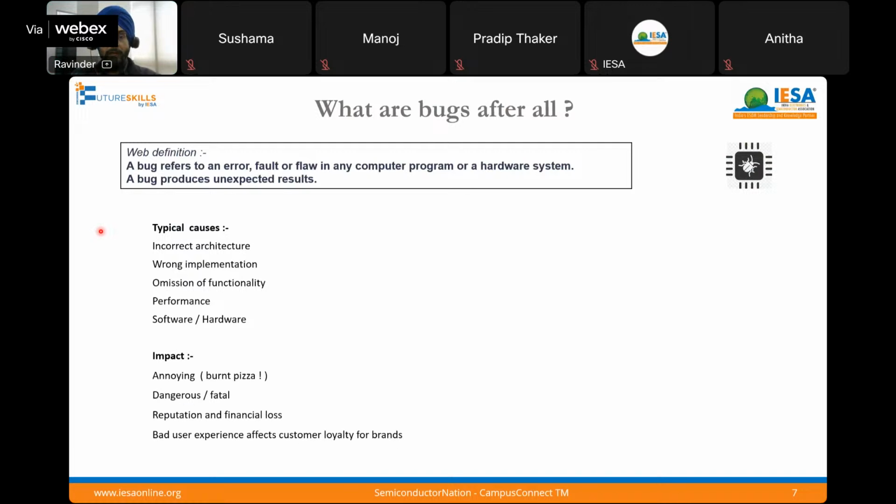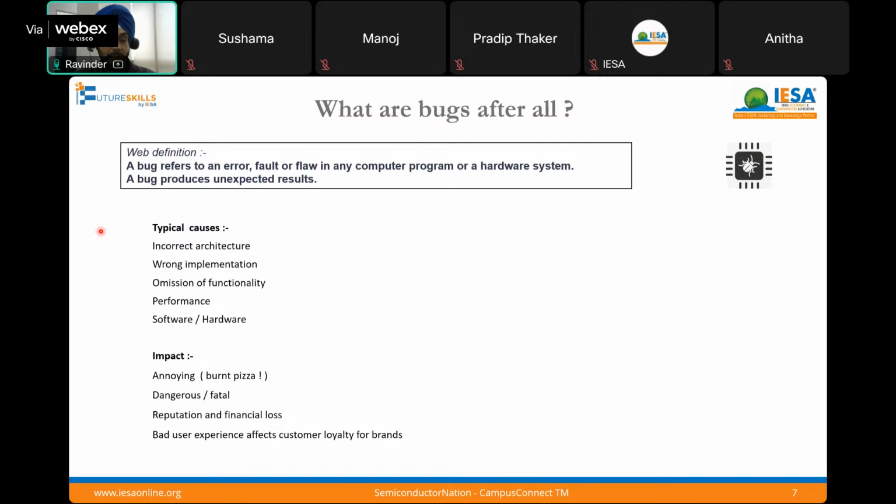And the impacts we saw, it could be annoying, like a burnt pizza or a phone hanging, or it could be dangerous or even fatal, as we saw in the case of an autonomous vehicle or surgical equipment.